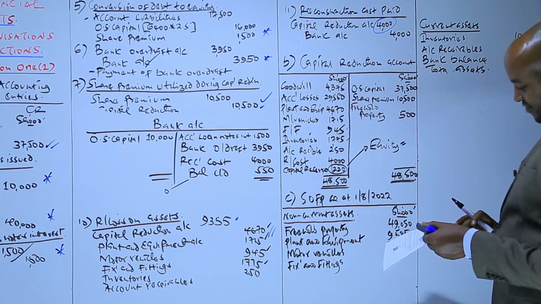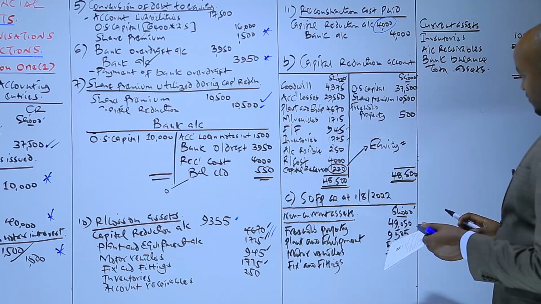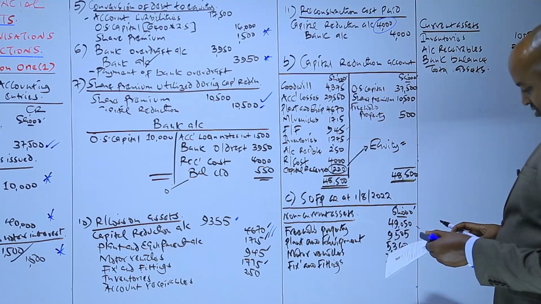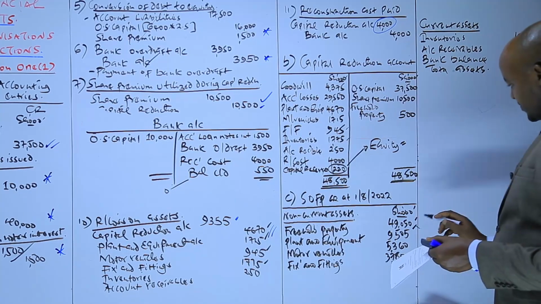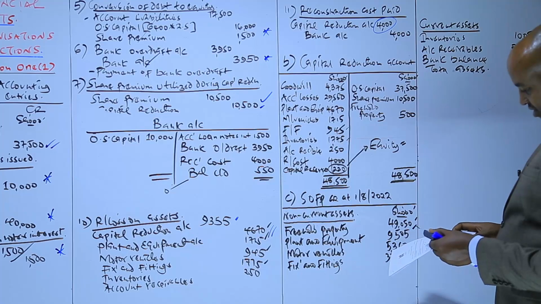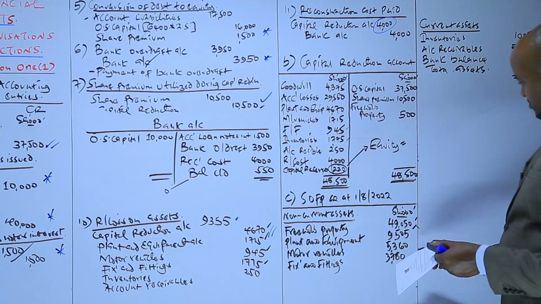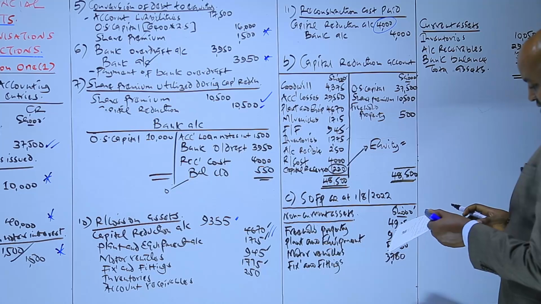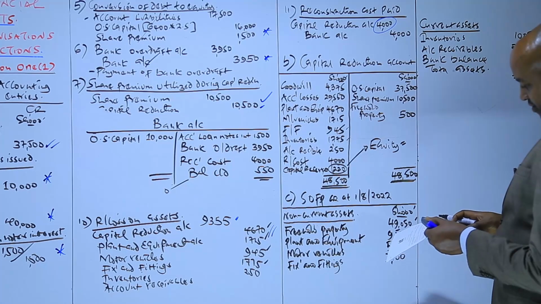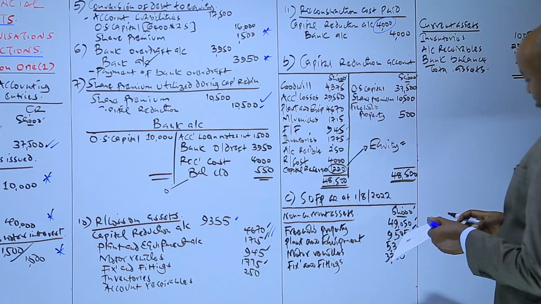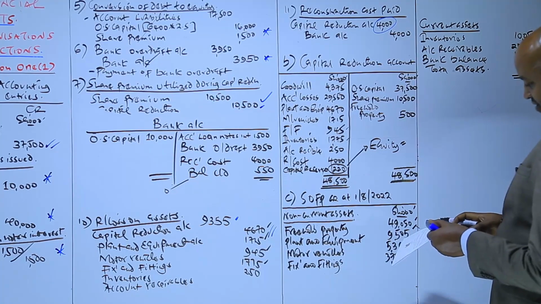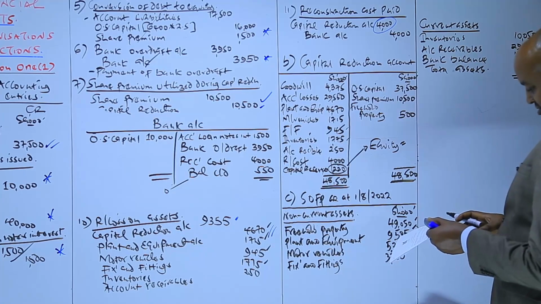So we can start with what we have here: 49,050 plus 9505 plus 5360 plus 3780 plus 10,050 plus 2925 plus 550.